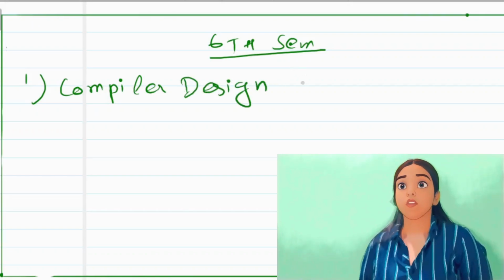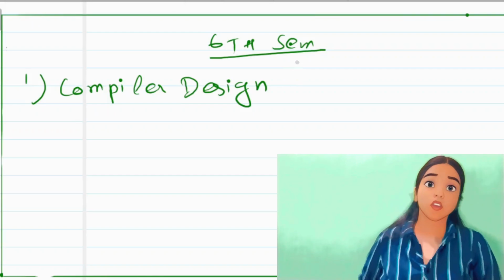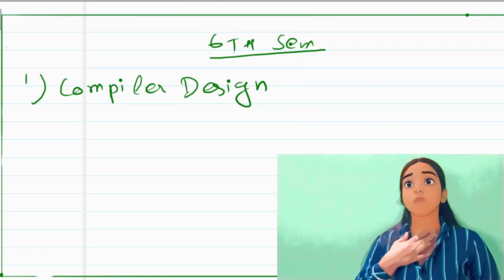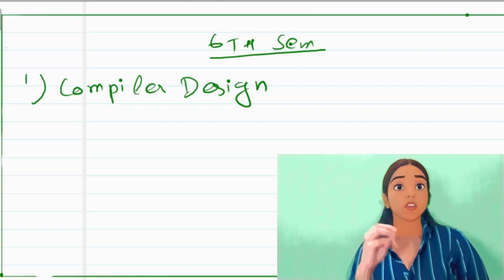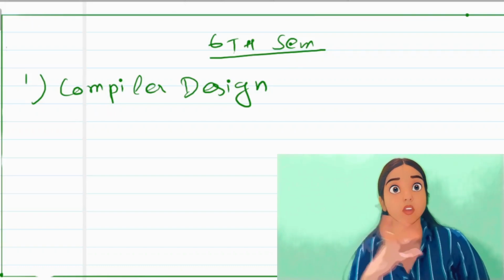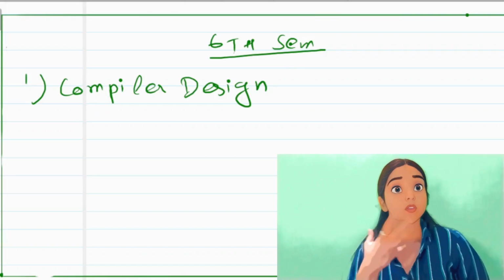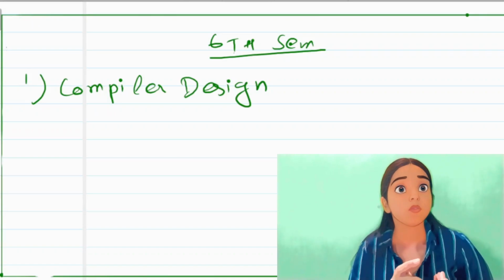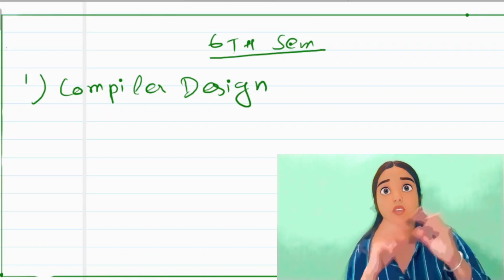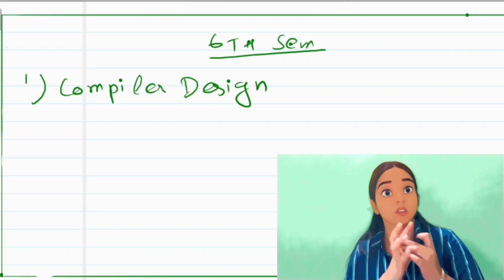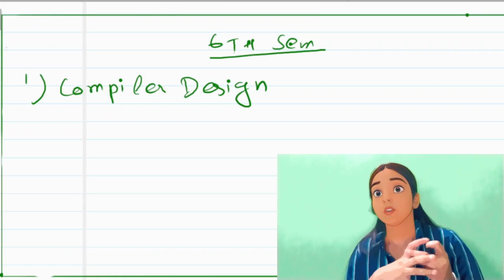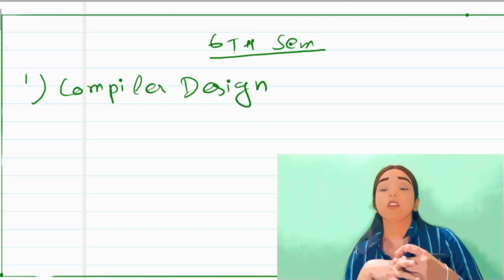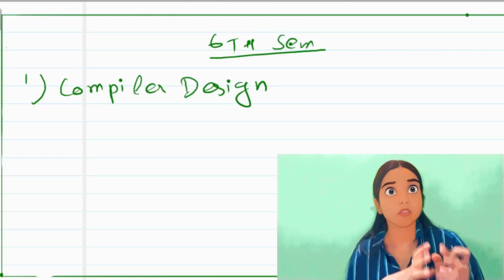Learning about the compiler is very important throughout the BTech, because through the compiler we come to know how our code functions, and how our human language is converted into a computer understandable form. This type of process we can understand only through the compiler. That's why it is important to learn about the compiler and compiler design in the third year itself.